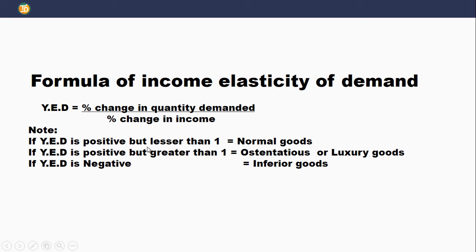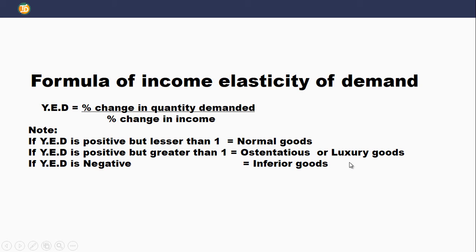So how do we interpret income elasticity of demand? If you solve a question and the income elasticity of demand is positive but lesser than 1, it shows the commodity is a normal good. If you solve a question and the income elasticity of demand is positive but greater than 1, it shows the commodity is an ostentatious good or a luxury good.